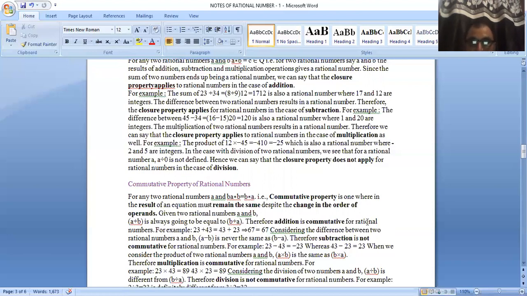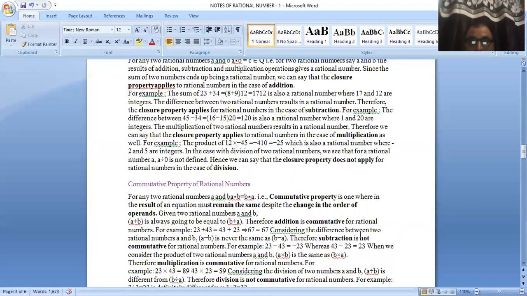Therefore addition is commutative for rational numbers. Example: 2/3 plus 4/3, and we change their order: 4/3 plus 2/3. The answer we get is the same, 6/7 and 6/7. So we can say a plus b is equal to b plus a. That follows the commutative property under addition for rational numbers.